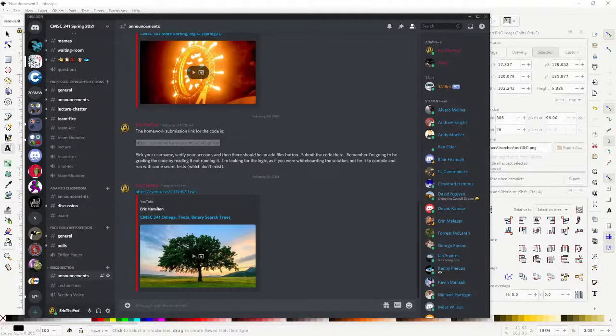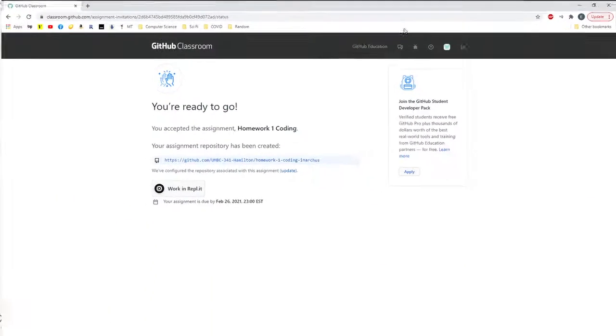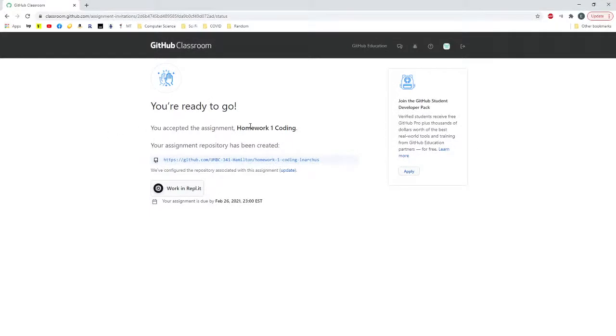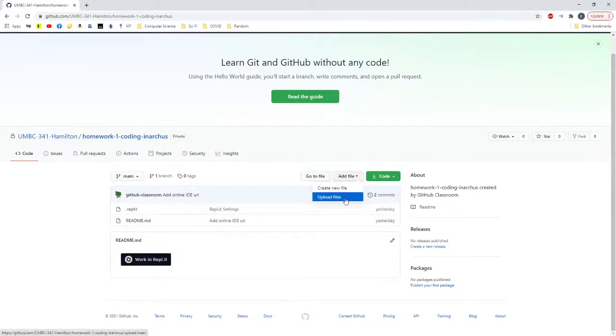It's going to show you a username, and you have to make sure that you register your email. Then you'll click on your homework 1, and there should be an add file, and you can just click upload files, and that's it. Just upload whatever files you want to upload.